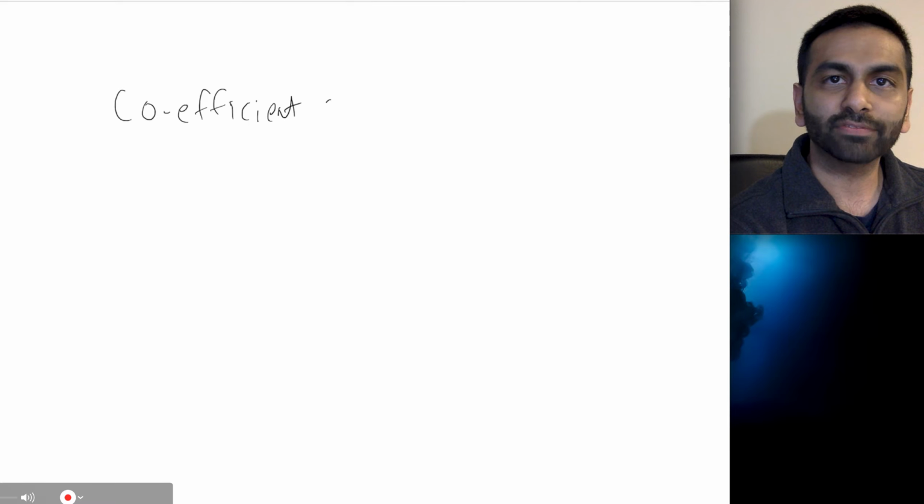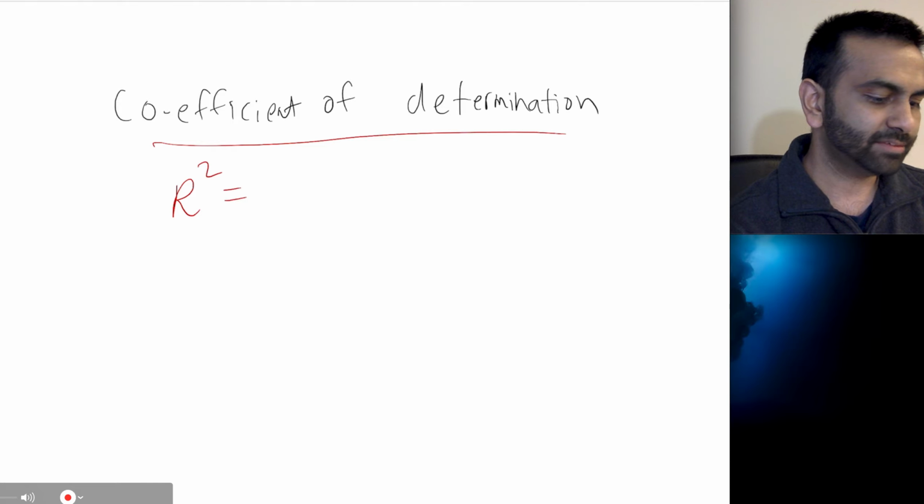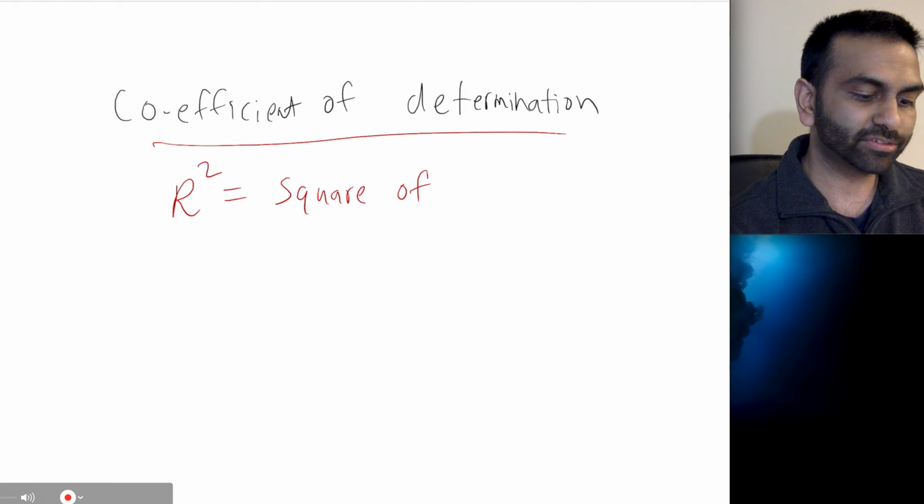R squared is literally the square of your correlation coefficient. And don't worry about the capital versus lowercase.